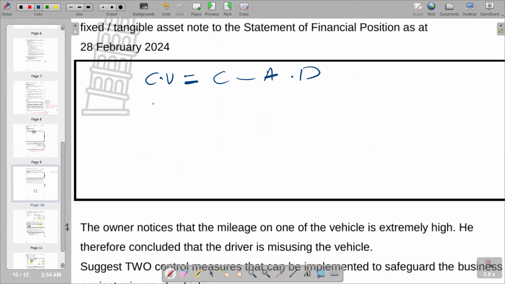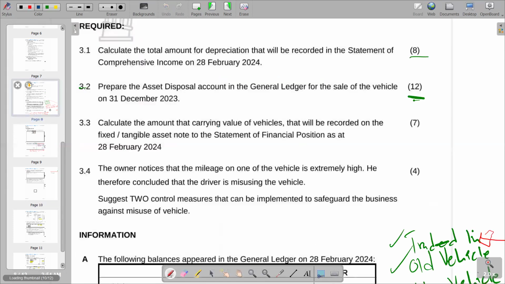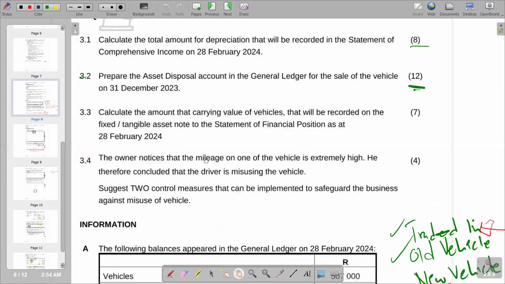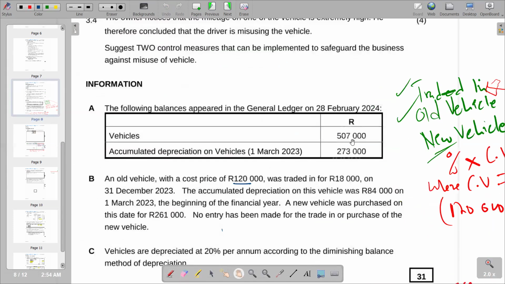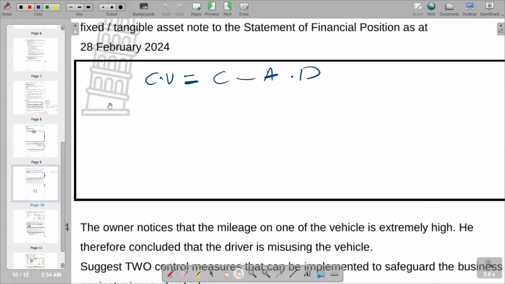And we want to find the cost at the end of the period. So to get the cost at the end of the period, we are saying what we had at the beginning, the cost that we had at the beginning, 507,000. This is the cost that we want to find.